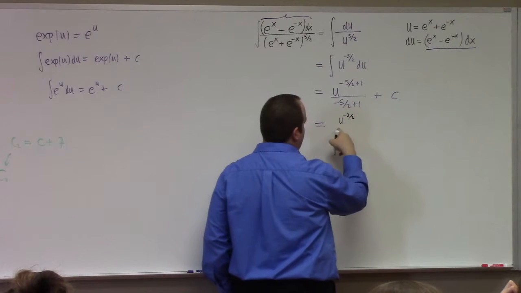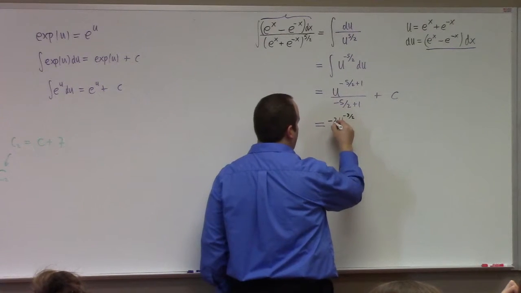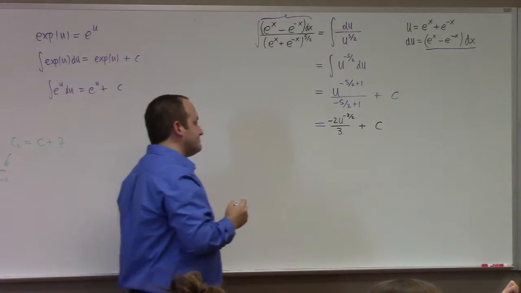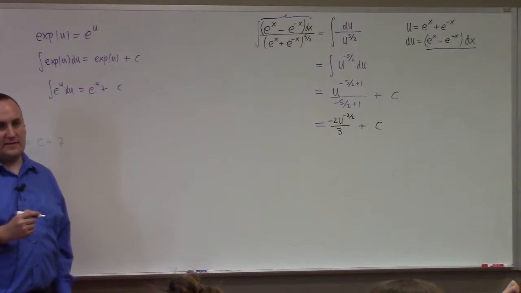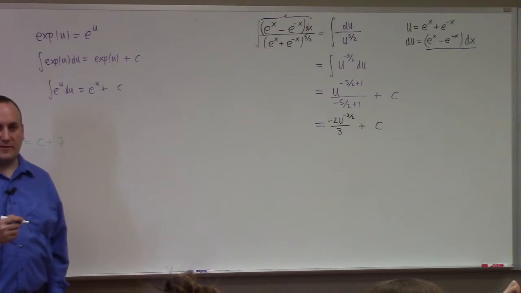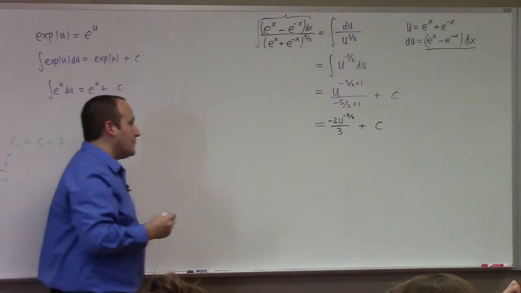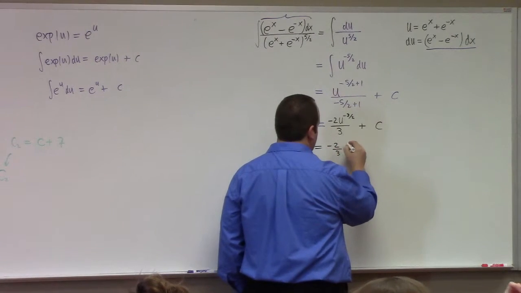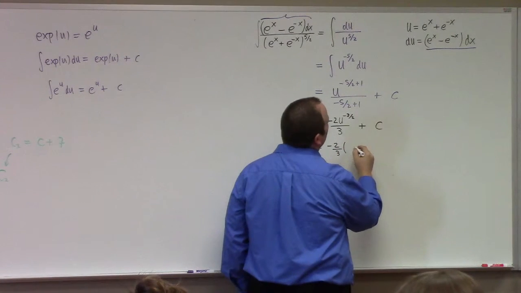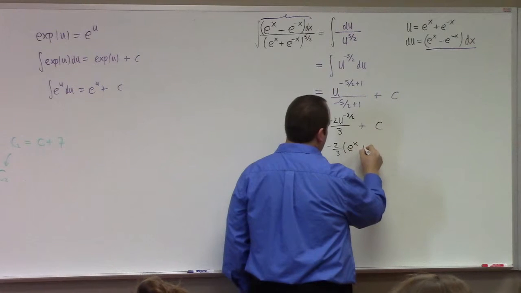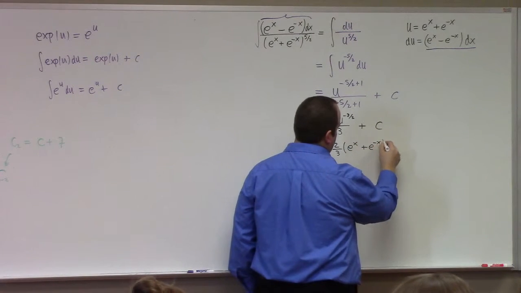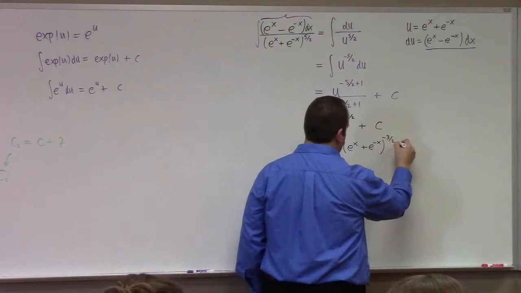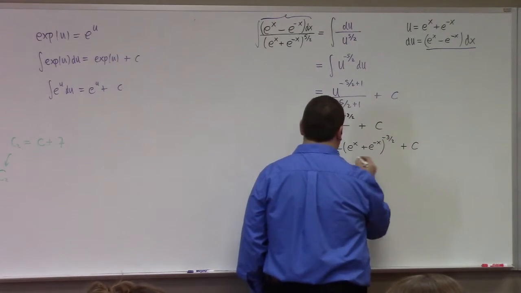And if we're dividing by minus 3/2, that's the same as multiplying by minus 2/3, because the denominator of the denominator is the numerator again, right? Now that gives me minus 2/3, parentheses, what was my u? e to the x plus e to the minus x, to the minus 3/2 power plus a constant, and there you go.